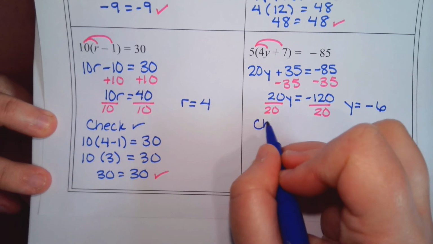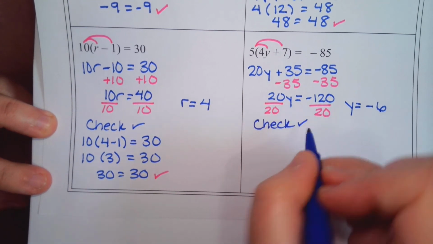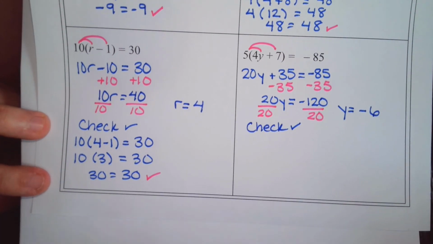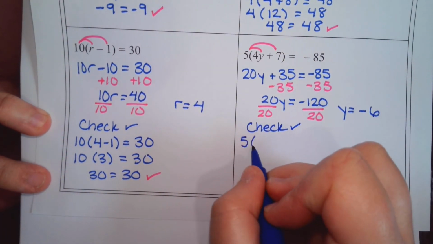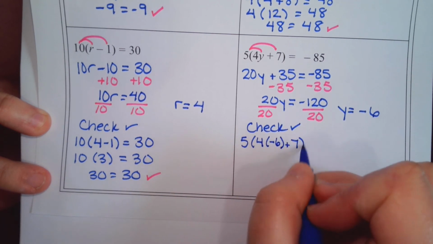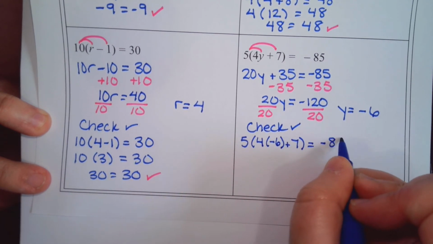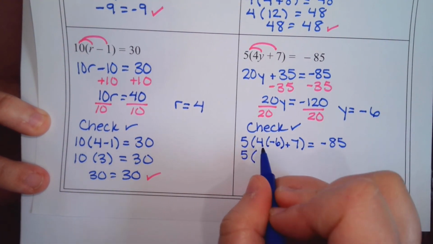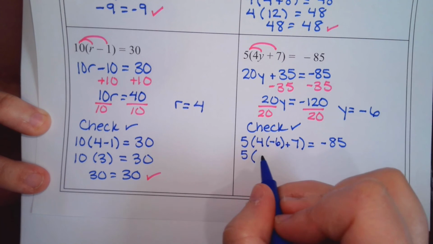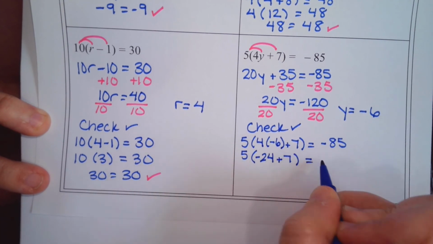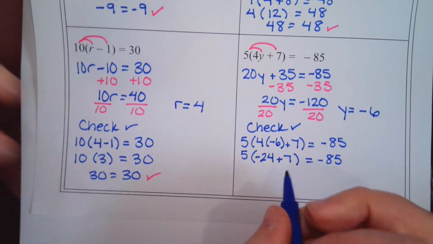Hopefully you didn't forget, but we have to check our work. We're going to keep checking our work. So 5 times 4 times negative 6 plus 7 is equal to negative 85. So 4 times negative 6 is negative 24, plus 7.